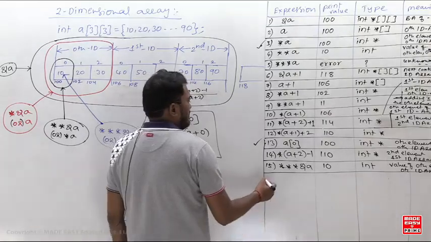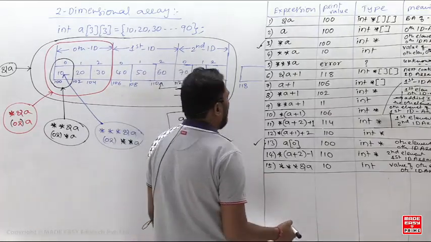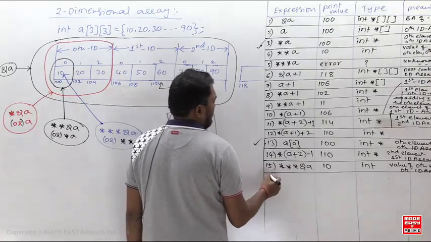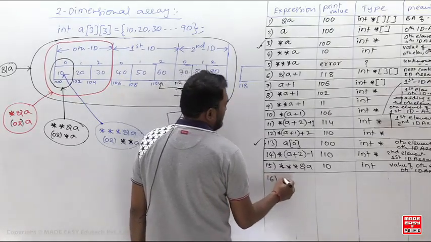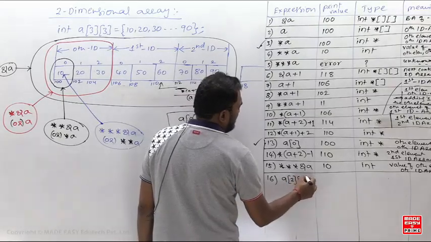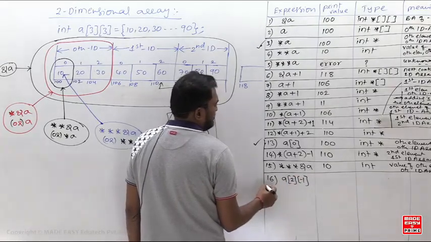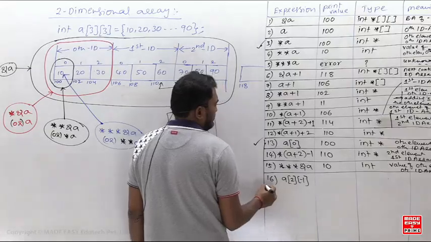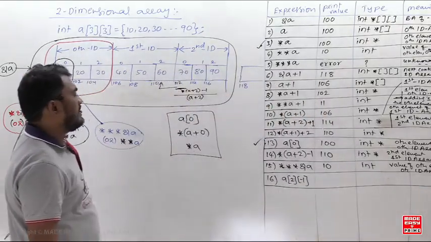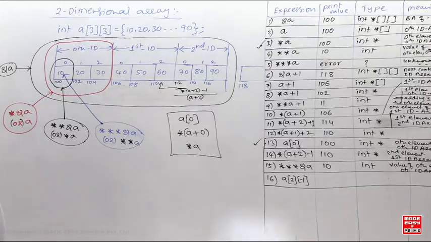Right. So next, I think that is enough. In case you want to do the last one, okay, 16. Okay, this is interesting. A of 2 minus 1, you can do it. In the same manner, expand it. A of 2 minus 1.